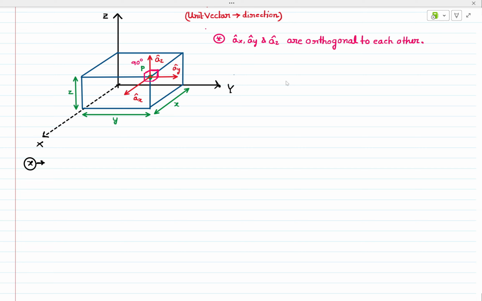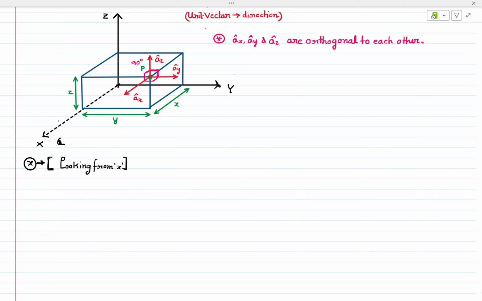That means when I discuss x, what you have to do is look from x. As I am talking about x, I am also looking from the x direction over here.